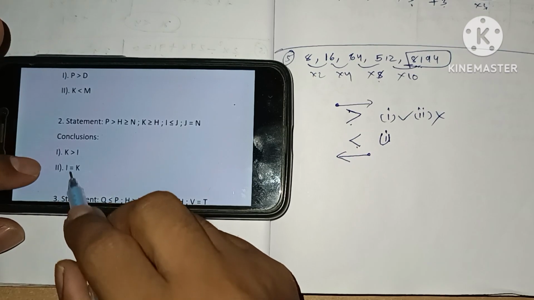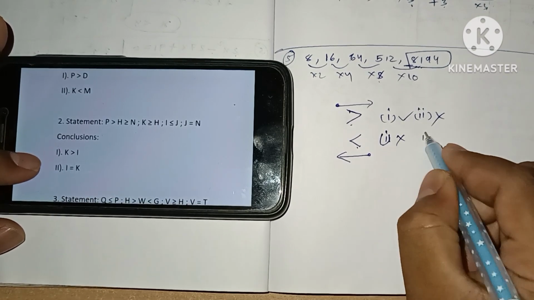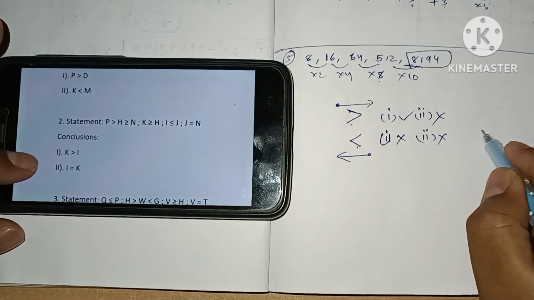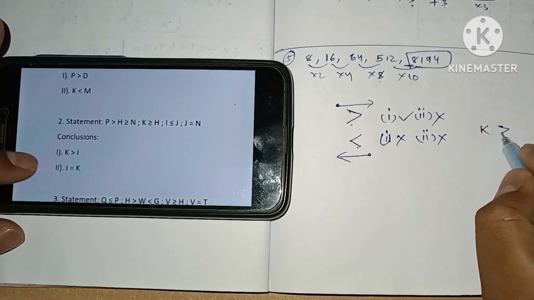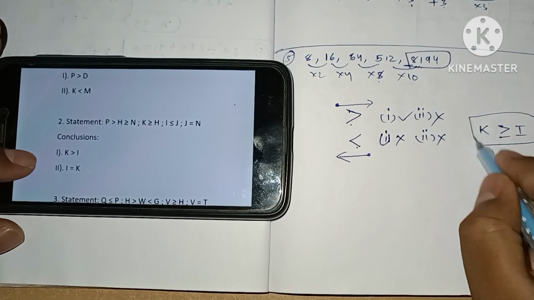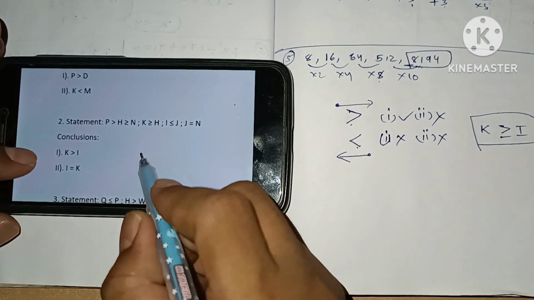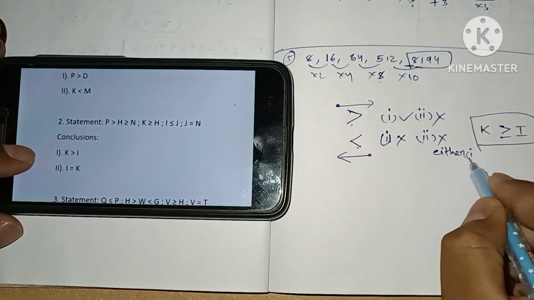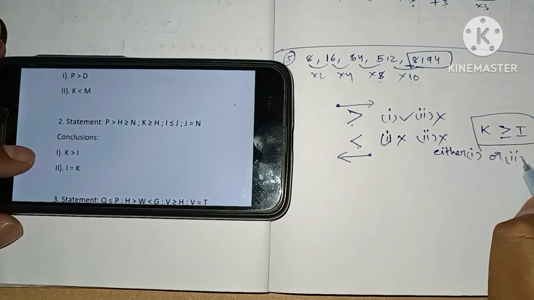So individually these two cases fail. 1 and 2 fail. But combining these two, we have got x greater than or equal to y, and we see the same flow in our question. So the answer for this second question is either 1 or 2.